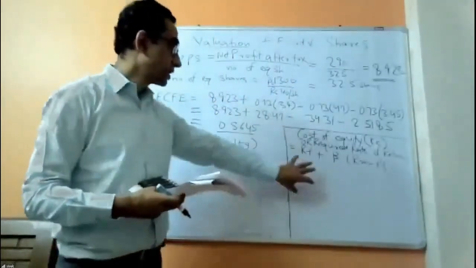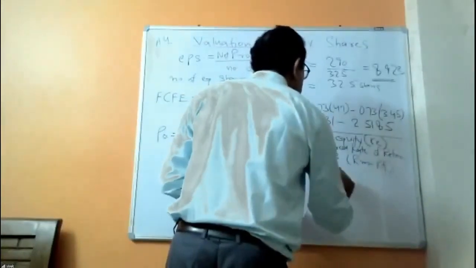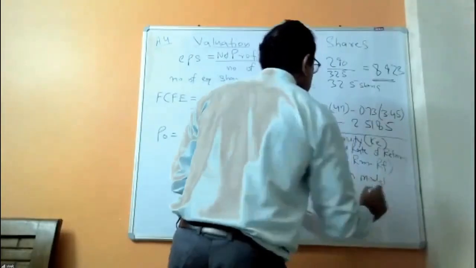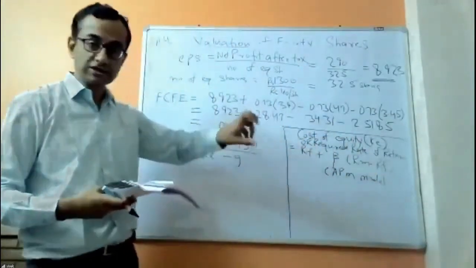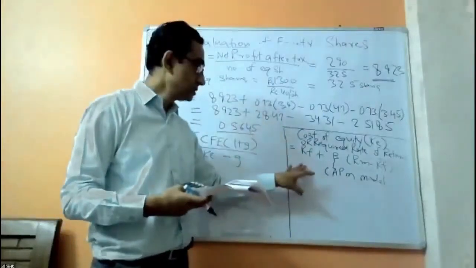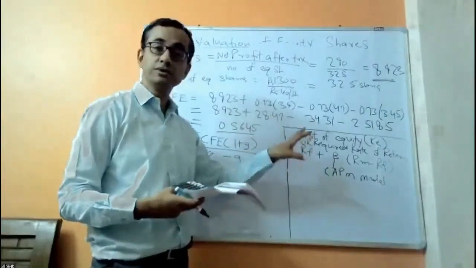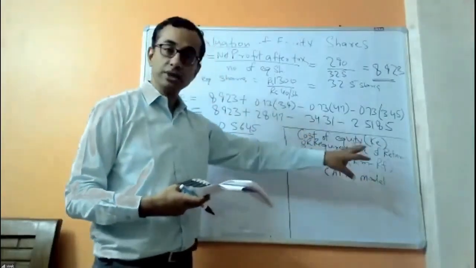This is actually the formula of the CAPM model, that is the capital asset pricing model. We have solved one small example in the previous lecture also, on how the cost of equity and the required rate of return can be calculated with the help of the CAPM model.